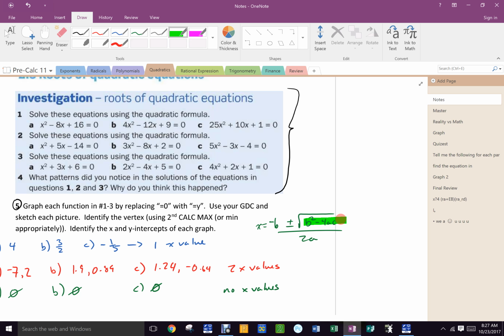So you actually never have one. What do you always have? Two, because it's positive or minus, right? Square root of 4 is what? Positive and negative 2. Square root of 9 is what? Positive and negative 3. So if this has a value under there, how many answers are you going to have?